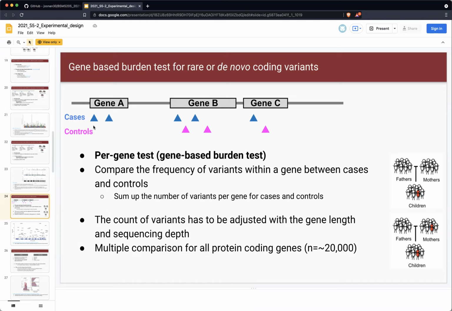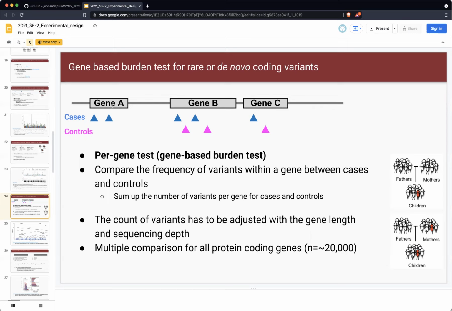But in certain situations, you might have a data set where there is no sequencing data on the controls because the sequencing was poorly performed. So you didn't get any data from the controls, but you get the data from cases. In this case, there is no way you can check whether the controls have the mutation in this region or not, right? So when counting the number of variants in each gene, you have to consider sequencing depth as well.